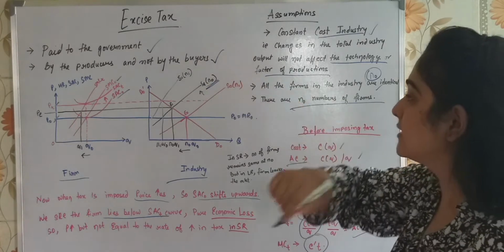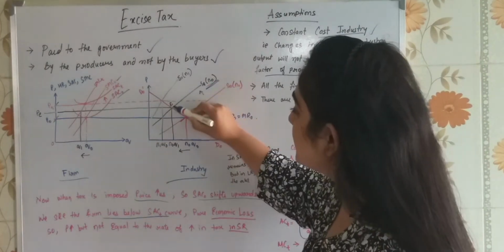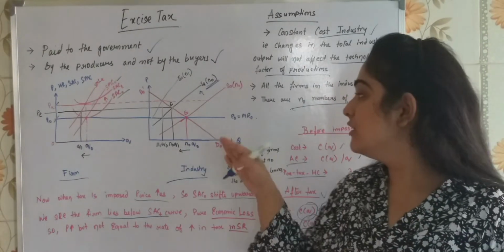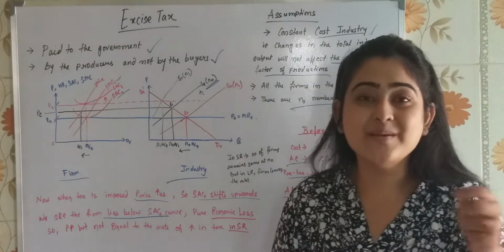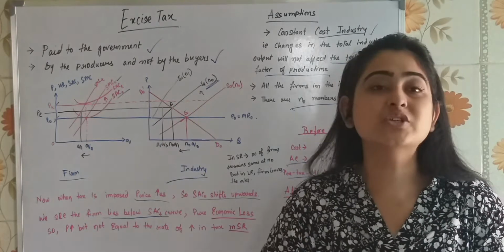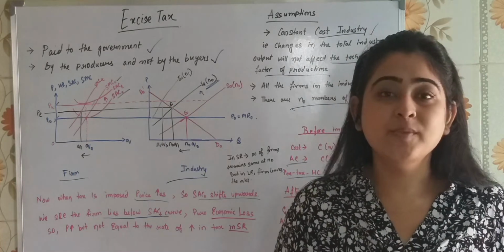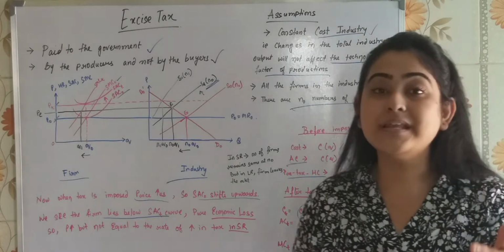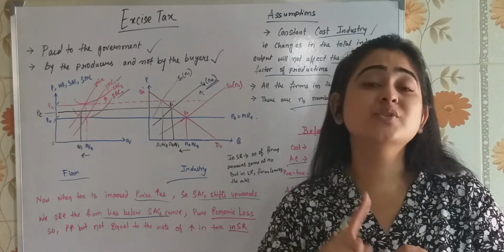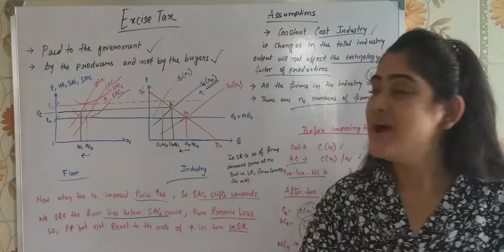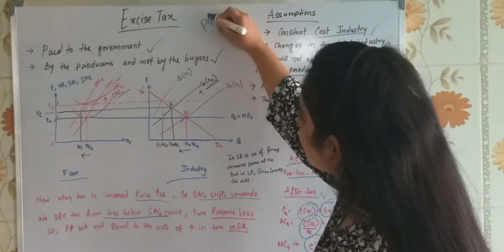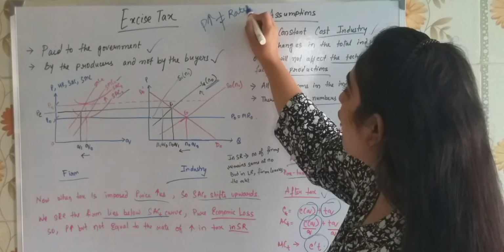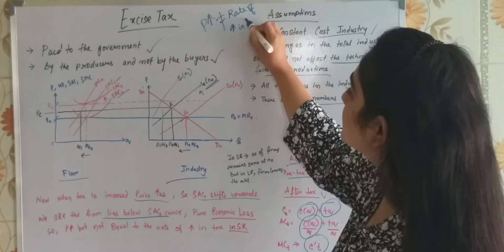And here, if we look at the after-tax situation, this is the E1 point. Now you have to listen carefully to one thing. The demand curve here is downward sloping. This has an implication: price will increase, but not equal to the rate of increase in tax.